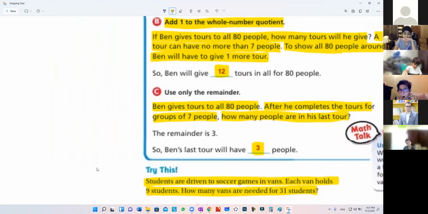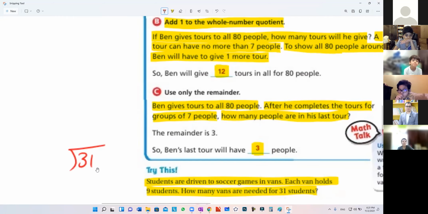Divide. Divide what by what? I can't hear you, say it again. Divide 31 by 9.